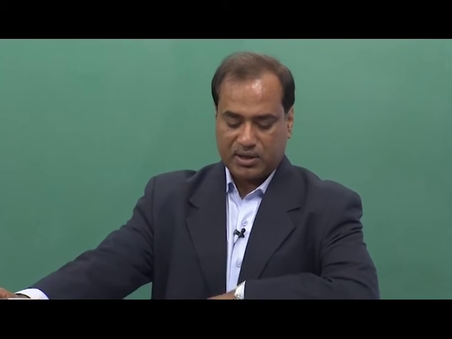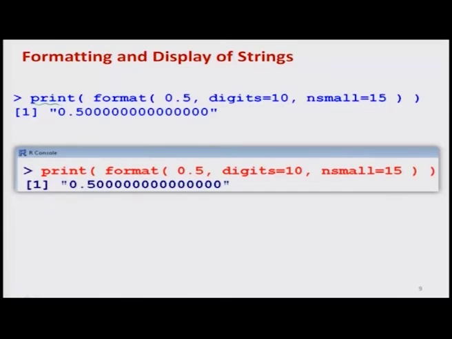For example, here I am trying to print 0.5, but I am saying that this has to be printed in a particular format: I need the total number of digits to be 10 and the number of nsmall digits to be 15. Here is how I write this function: print, and inside the bracket I specify what I want to print in what format.